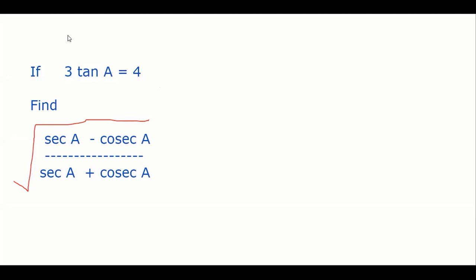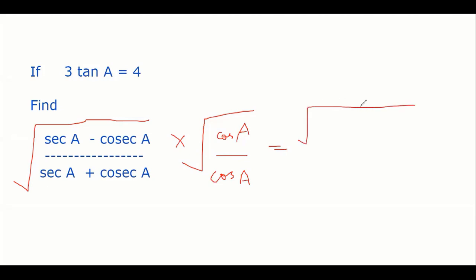I don't find sec A, cosec A again. I multiply this, obviously inside the root, with cos A by cos A. Intentionally I multiply with cos A, cos A. See, try to make it as simple as you can. So you know the rules, right?